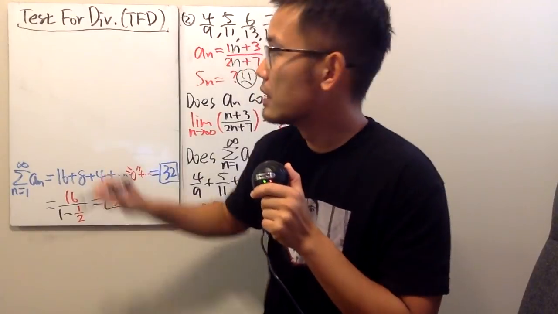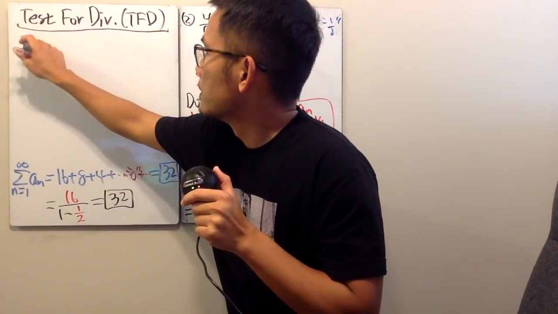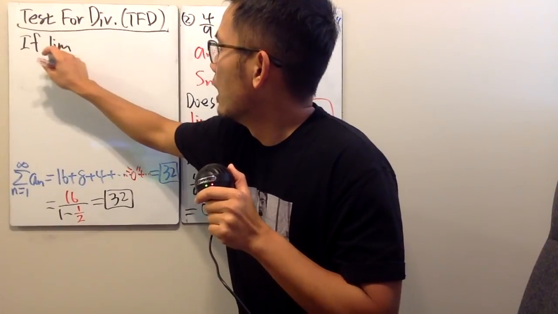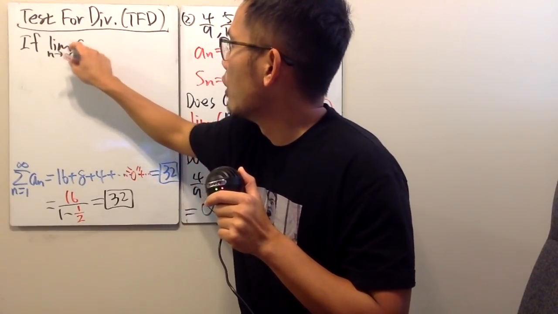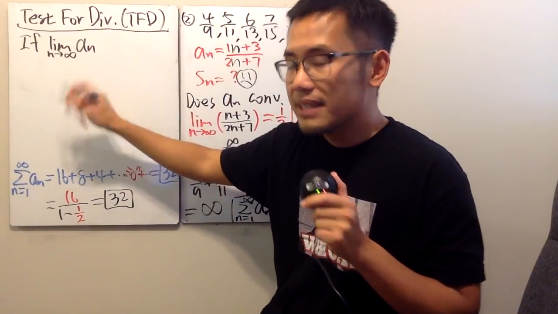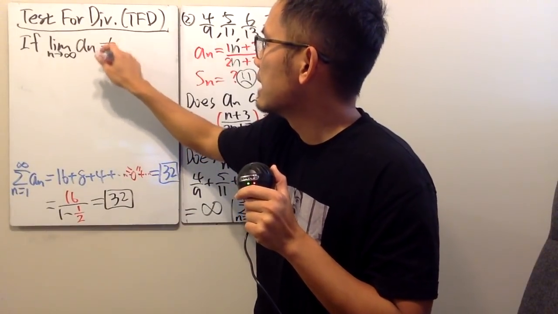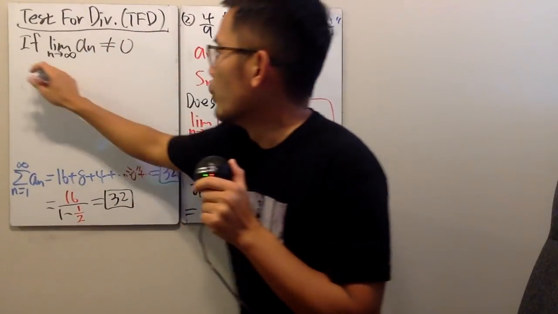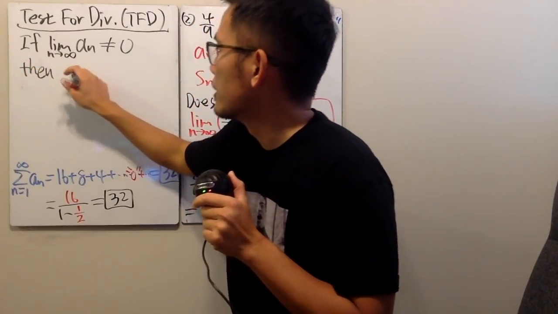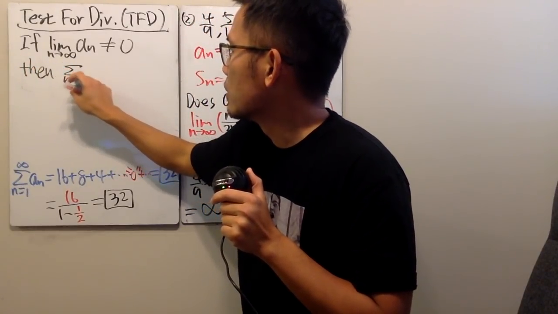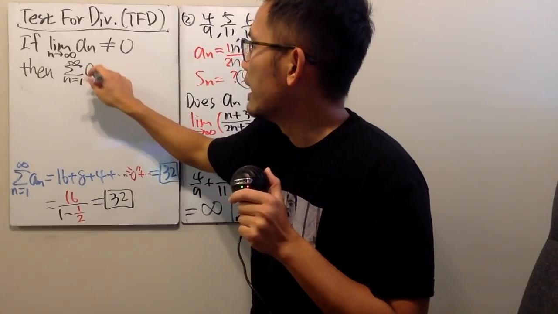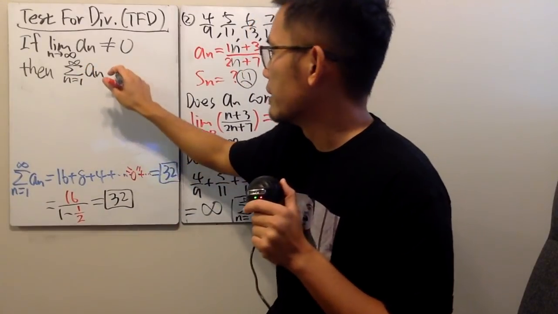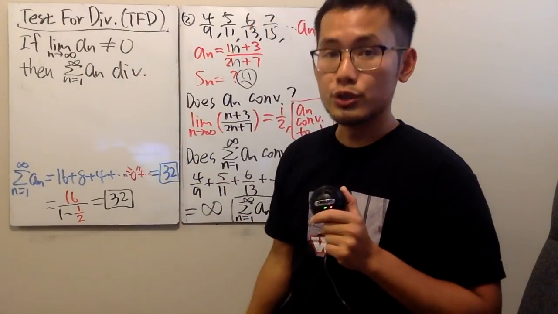I'll write this down. If the limit as n goes to infinity of an, in fact, as long as this does not give you 0, then we can draw a very nice conclusion that the sum as n goes from 1 to infinity of an diverges.